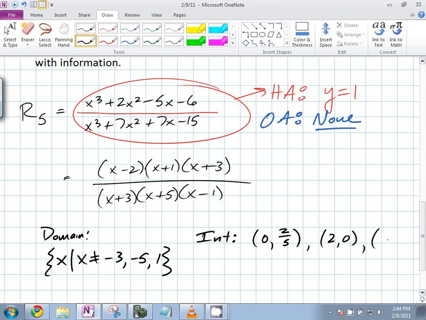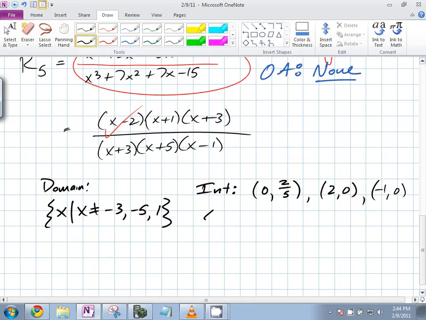There's another x-intercept. We've taken care of this one. What's left? Is there another intercept? No. It's not included in the domain. Exactly. It's not part of the domain.